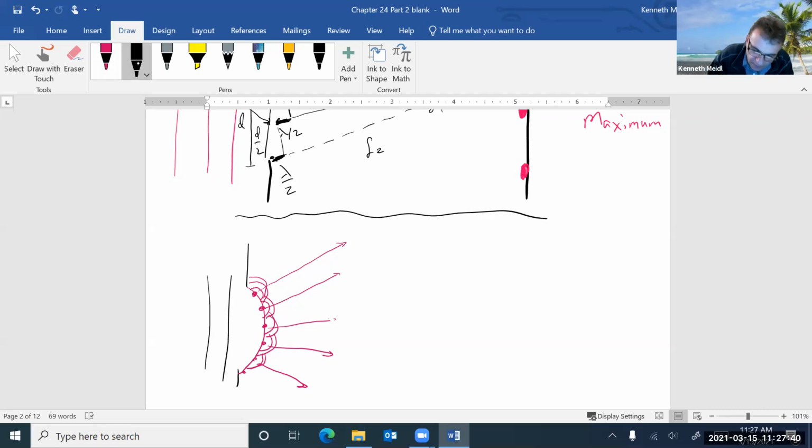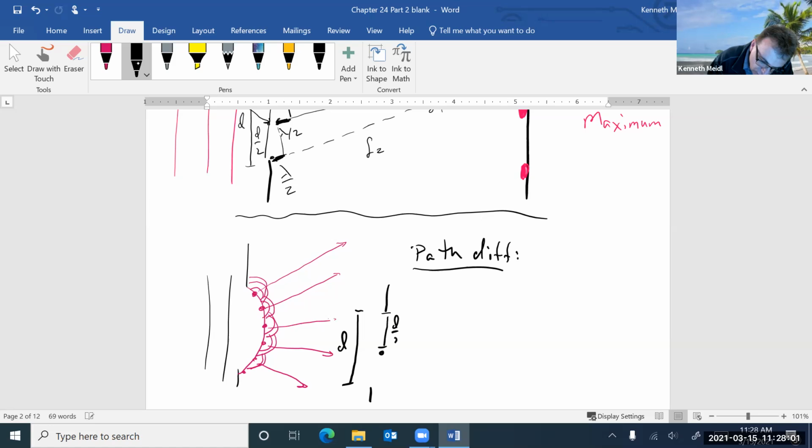But what we have here is the path difference, in this case from the middle of the aperture to the top of the aperture. So I was really just looking at my aperture here, at a spot here where that's D, and this was D over 2.